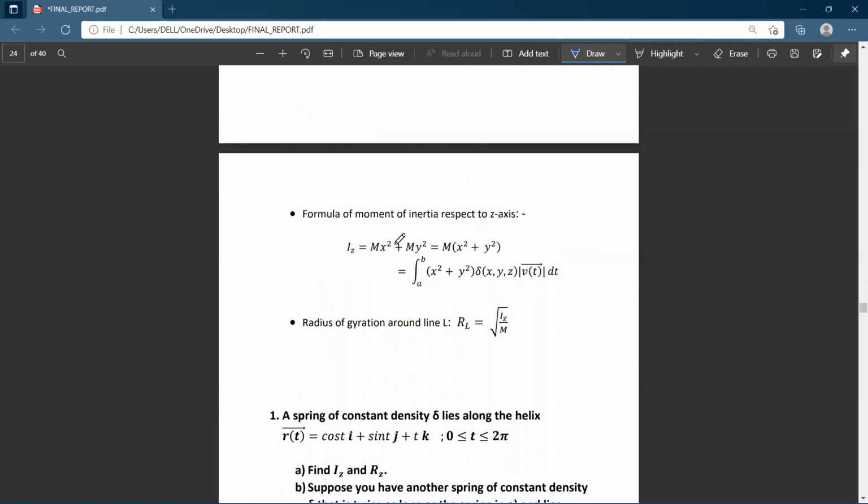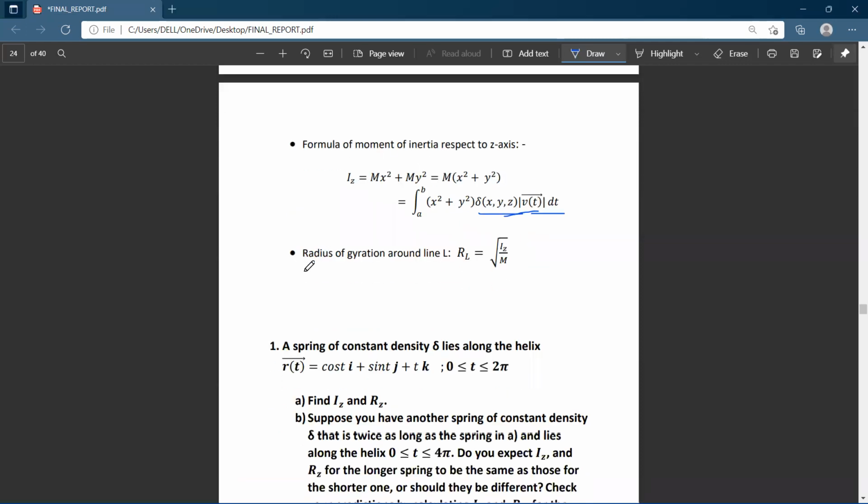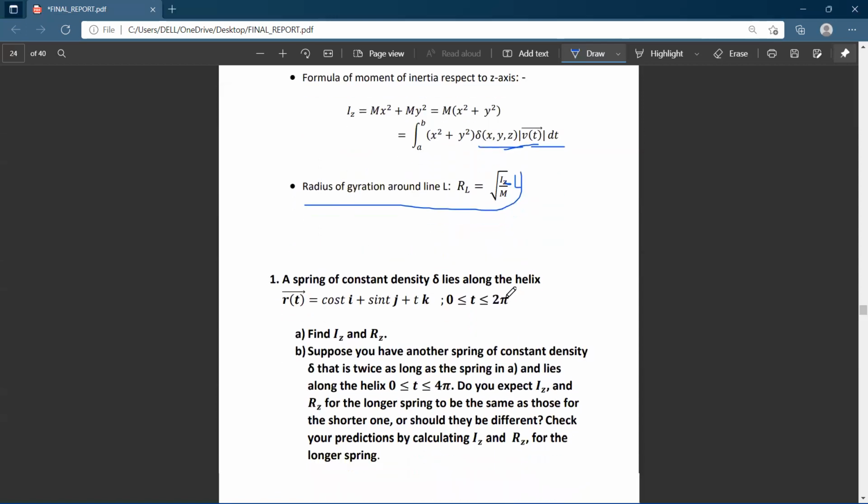We already know the moment of inertia I_z is given by m x squared plus m y squared, where m is obtained from the integral from a to b of the density function delta(x, y, z) times modulus of v dt. And the radius of gyration is given by R_L equals the square root of I_L by m.